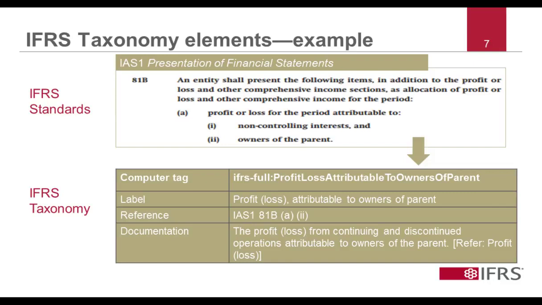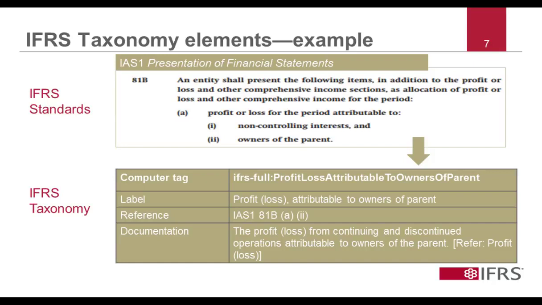To help preparers choose the correct label when they're tagging the information of the financial statements, the element also includes the following, and you can see this in the box at the bottom of the slide. It includes, firstly, the label, profit (loss) attributable to owners of the parent, but it also has a reference, and you can see there IAS 1, 81B, a(ii), and that's the reference back into the IFRS Standard.